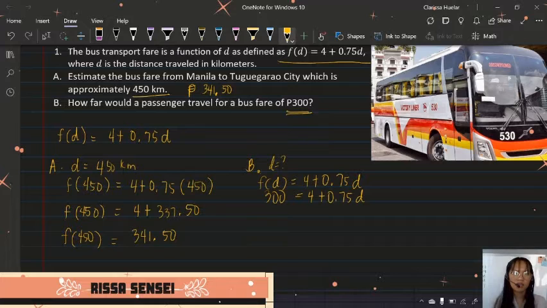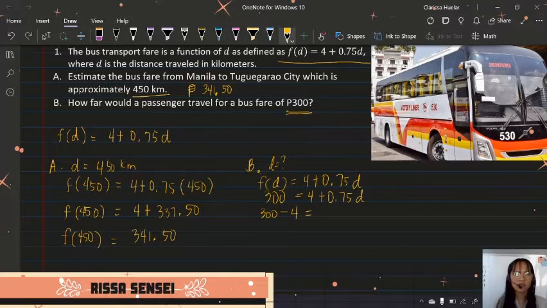Ang hanap natin ay yung distance. So, we need to isolate the term with the variable. So, ito magiging 300 minus 4. This is positive, so we will add the additive inverse of positive 4, which is negative 4. So, add tayo ng negative 4 on both sides.